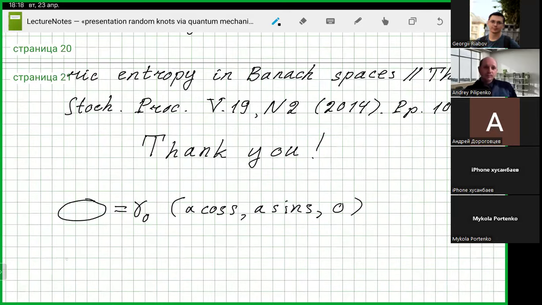Now let us define Y. We have to make some integration. So how do we model this noise?